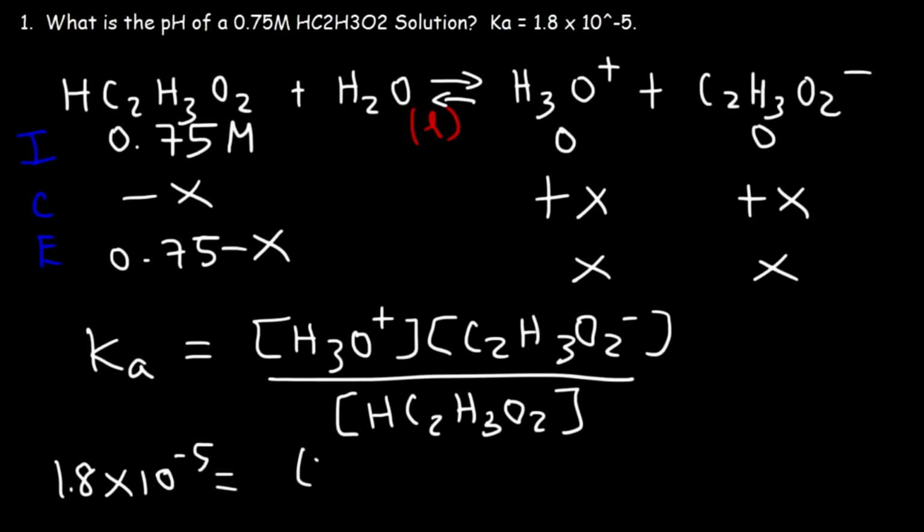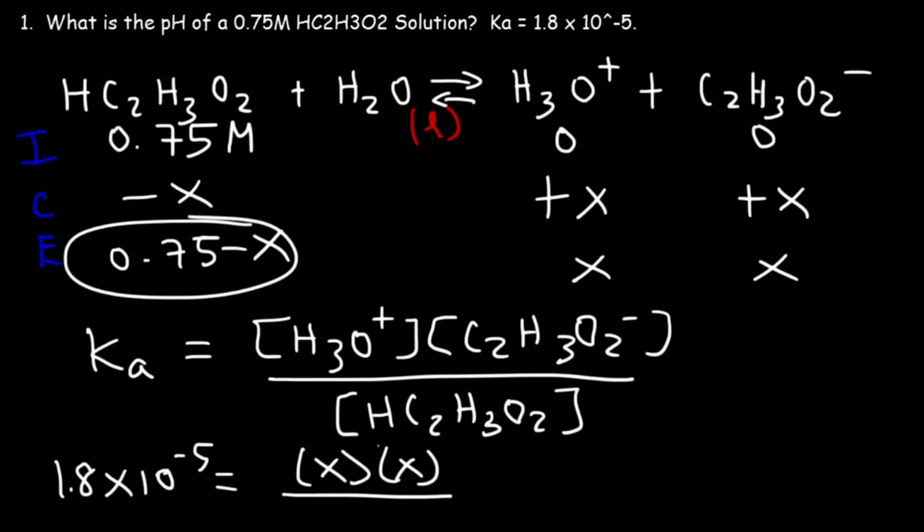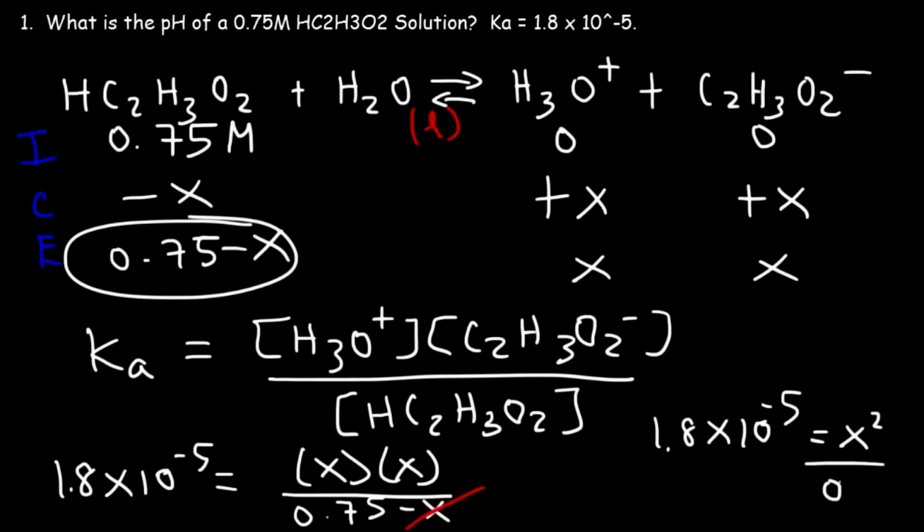H3O+ and acetate are both equal to x. Acetic acid at equilibrium is 0.75 minus x. Because 10 to the minus 5 is pretty small, we can ignore this x. So Ka is equal to x squared divided by 0.75.